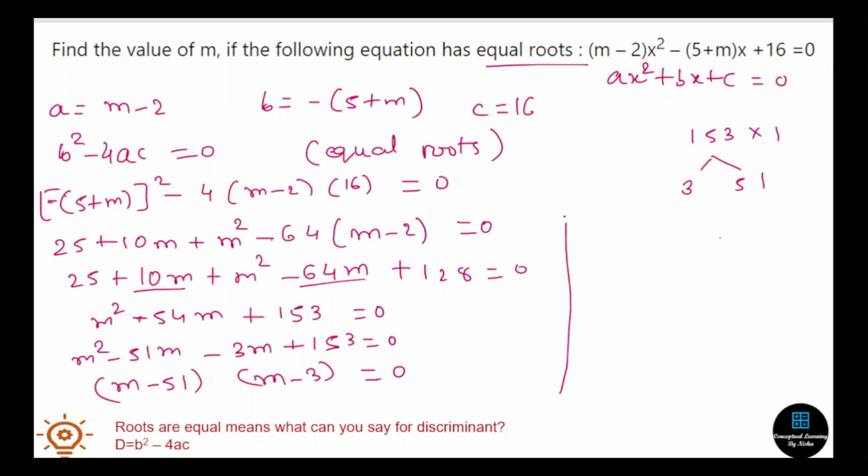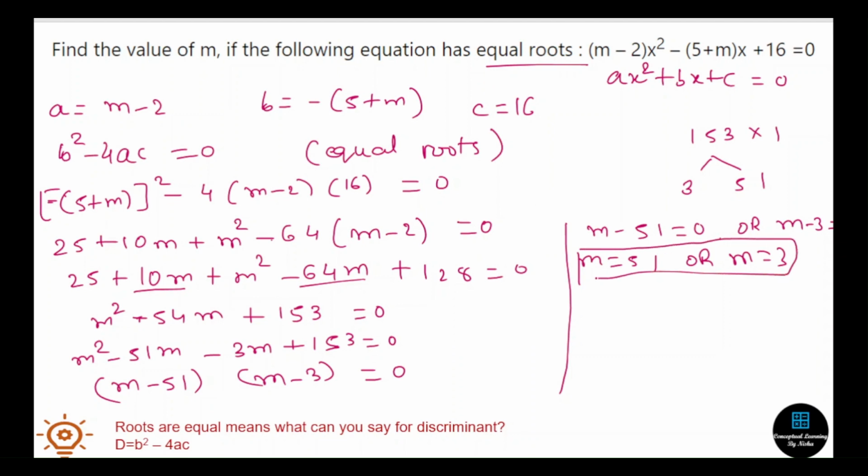Applying the zero product rule, m minus 51 equals 0 or m minus 3 equals 0. So m equals 51 or m equals 3. Here we got the two values of m. So this is the solution of the given question.